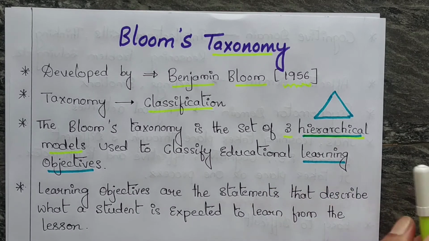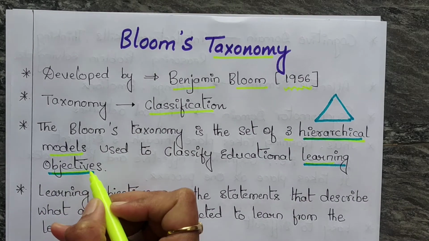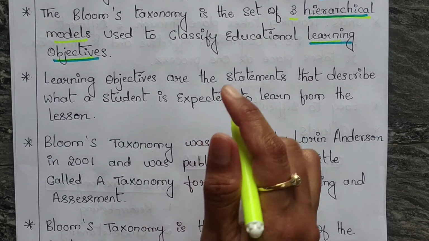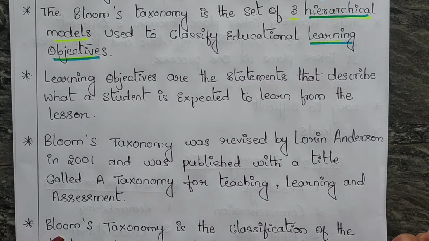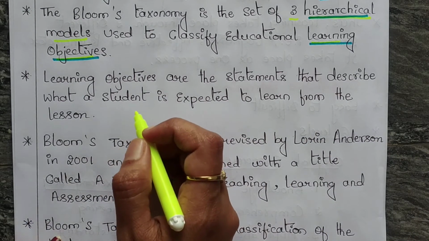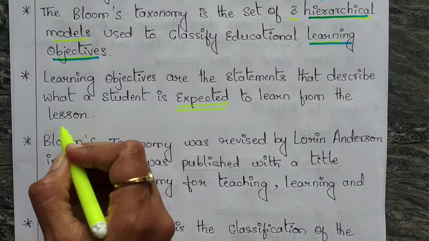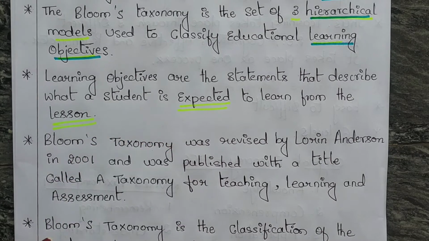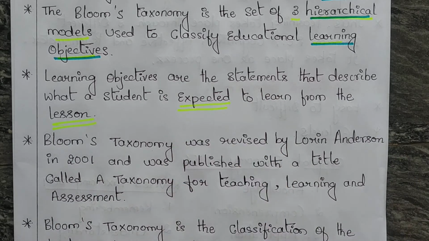And let us know what is a learning objective. Learning objectives are nothing but statements that describe what a student is expected to learn from the lesson. For example, whenever a teacher is about to start a new topic, we can take today's topic.